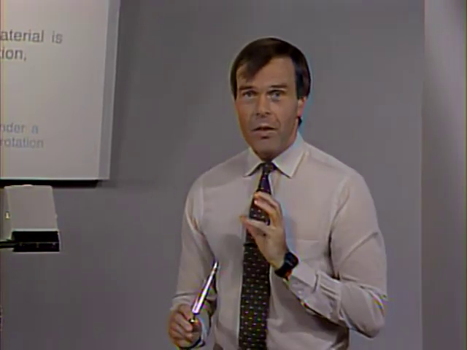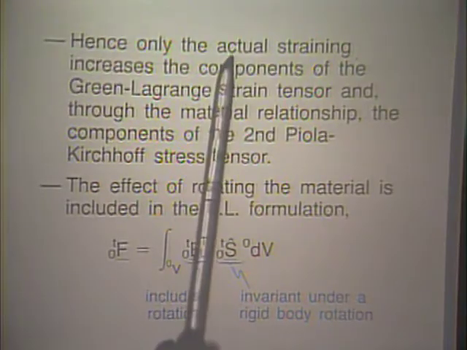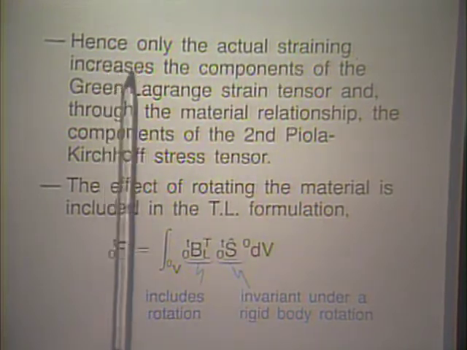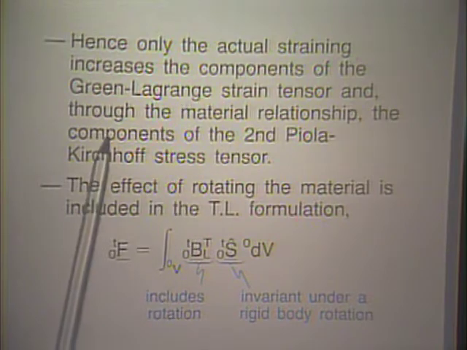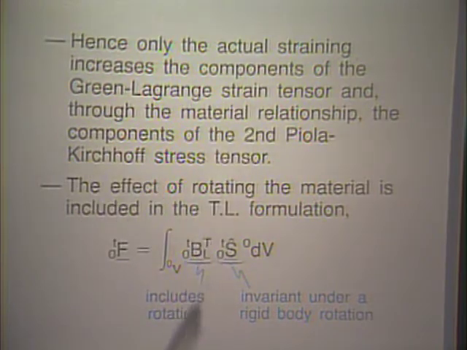Another way of saying it is that the actual straining changes only the components of the Green-Lagrange strain tensor through the material relationships. Let's look at this equation here.